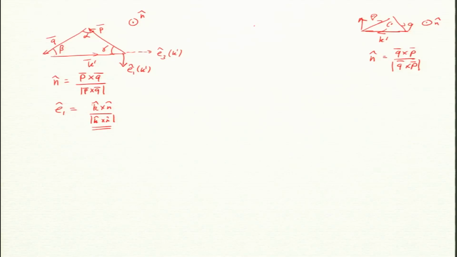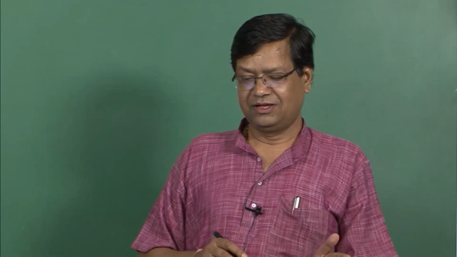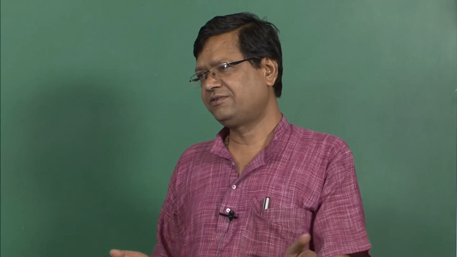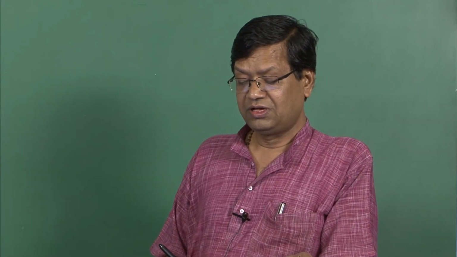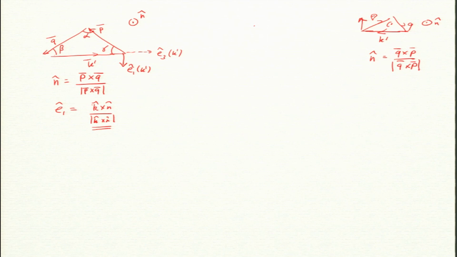I can't have two different U1s, like my name is my name whether I go to Calcutta or Bombay. If I change my components, then I will be in big trouble with plus and minus signs. So, we want to keep E1 in the same direction, along the vector to the right. What about E2? E3 cross E1 is E2, so it is downward. E2 is downward for this, and you will find it is the same for everything. So, this will be E1 of P and E1 of Q.